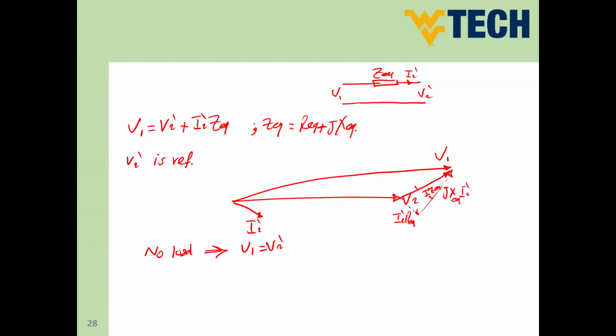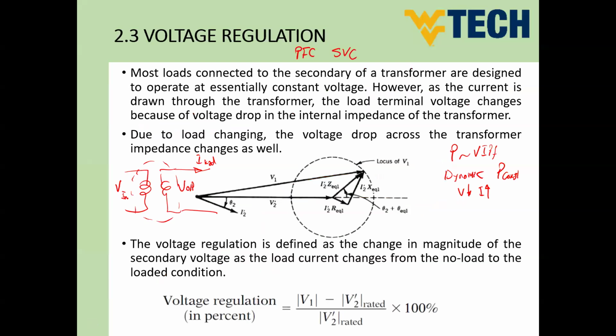And in case of full load, our load voltage is going to be V2 prime. So if we go back now to the relation here, you will find that no load voltage is V1, and full load voltage is V2 prime.